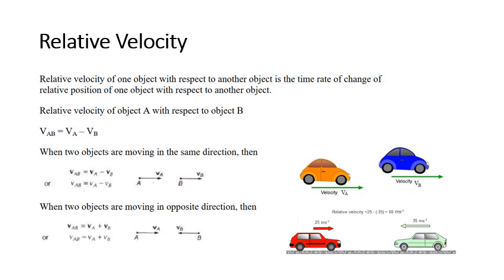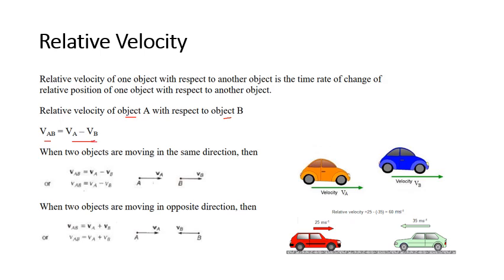Relative velocity of object A with respect to object B will be denoted as VAB. This is nothing but VA minus VB: velocity of object A minus velocity of object B.